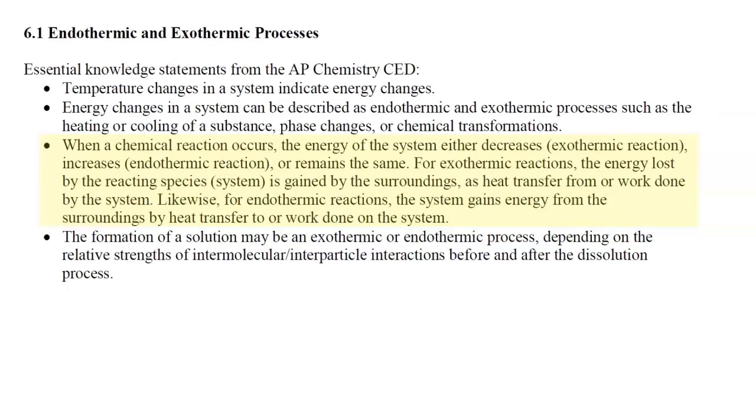For exothermic reactions, the energy lost by the reacting species, the system, is gained by the surroundings as heat transfer from or work done by the system. Likewise, for endothermic reactions, the system gains energy from the surroundings by heat transfer to or work done on the system.